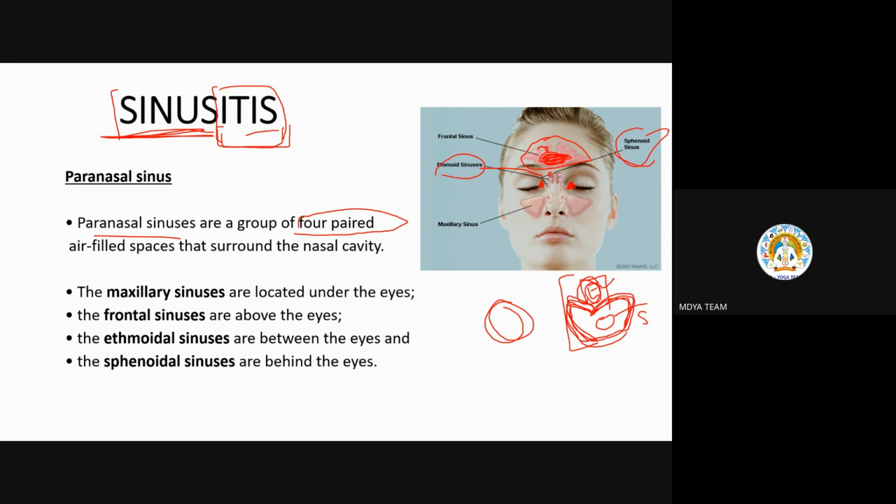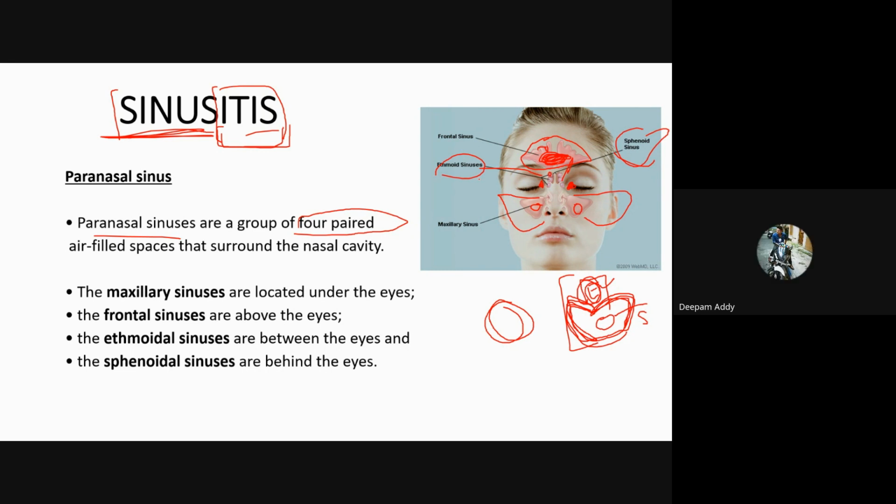This is happening behind, the back side of your eyes. Now maxillary sinuses: this facial cheek bone is known as the maxillary bone. The air filled sacs present in the maxillary region of your face are called maxillary sinuses. This is clear. These four sinuses are clear to all.